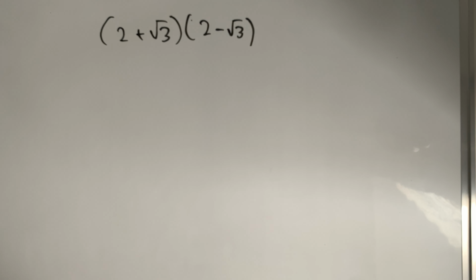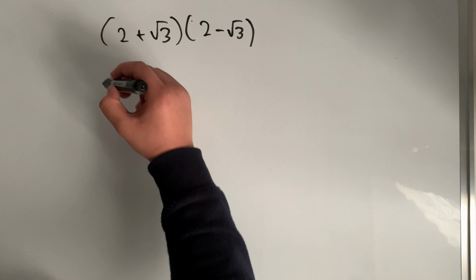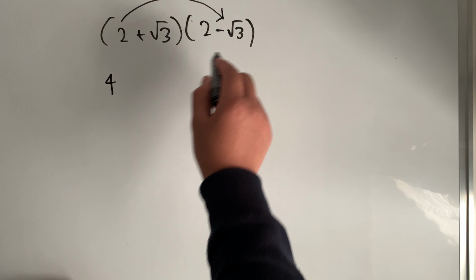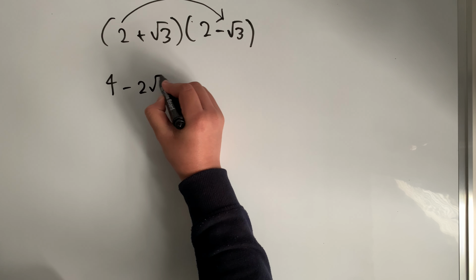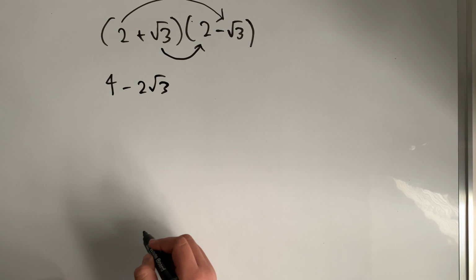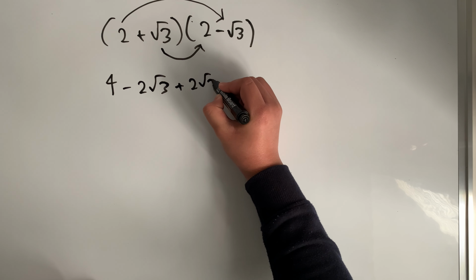For this question, it says to expand and simplify. So 2 times 2 is 4. And then 2 times minus root 3 is minus 2 root 3. And root 3 times 2 is simply plus 2 root 3.